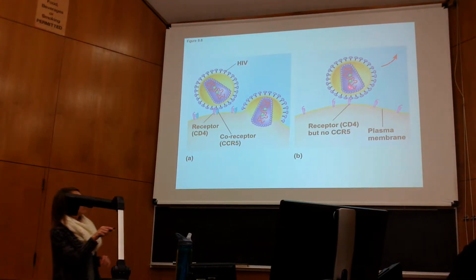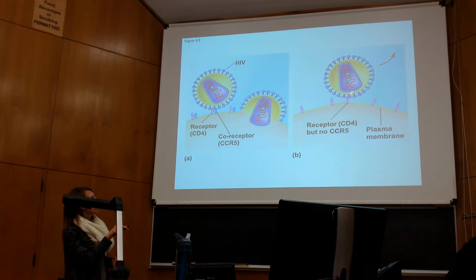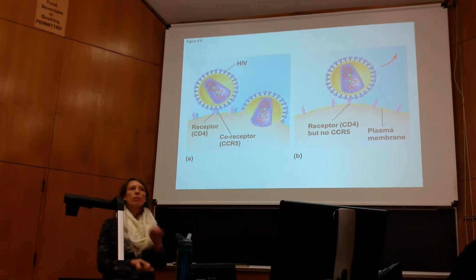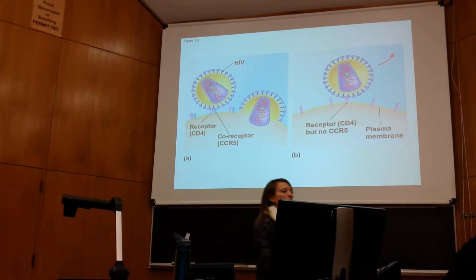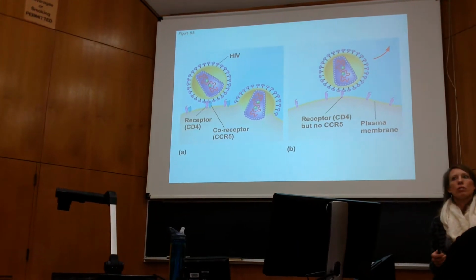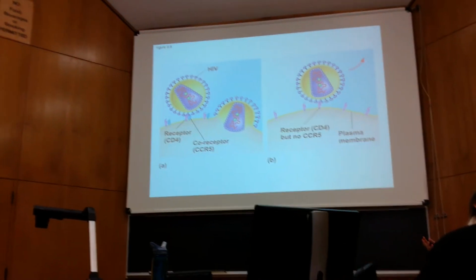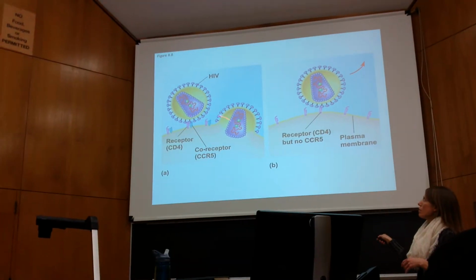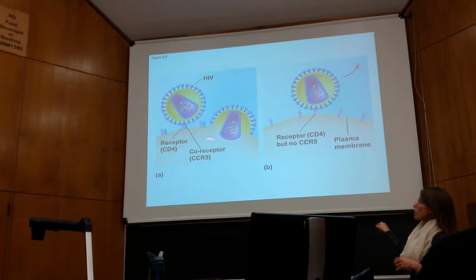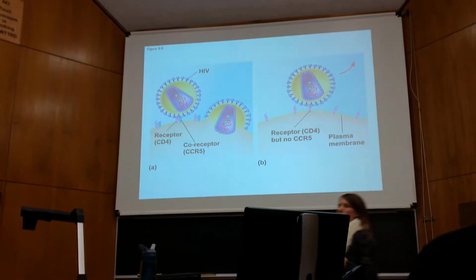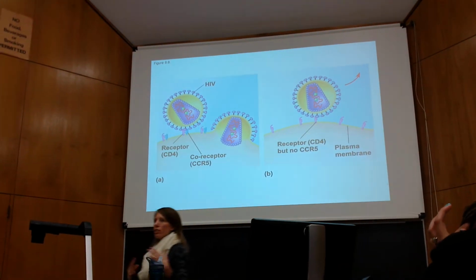So this HIV virus would connect here, but it wasn't able to fully penetrate into our cells. Then they started making drugs that bound to the co-receptor here, blocking it, so nothing could bind to it. And this was not as important for our daily functioning of our cells.